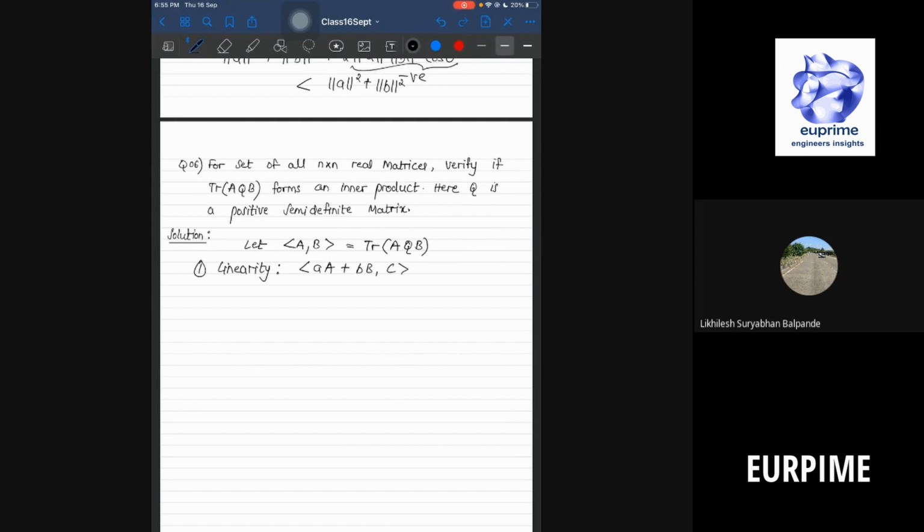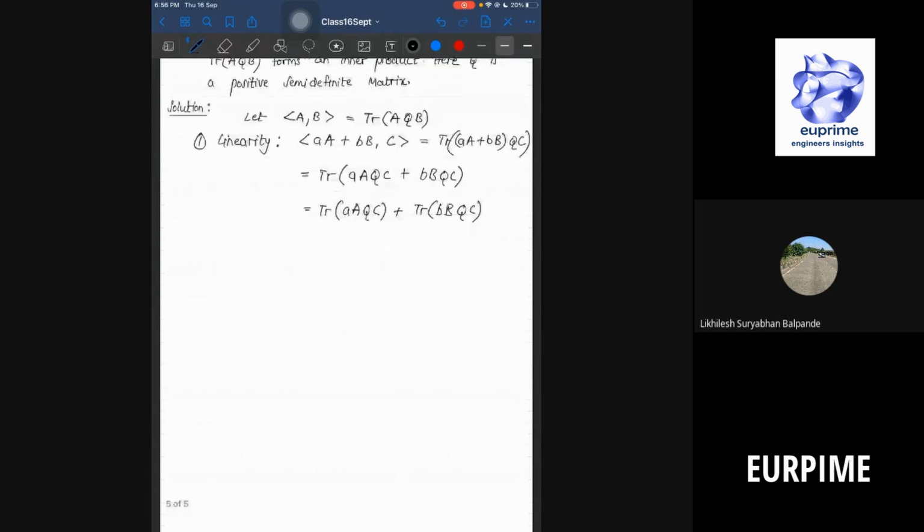inner product with C, we can write this as trace of alpha A plus beta B, Q C, which is equal to trace of alpha A Q C plus beta B Q C. We know that this can be written as trace of alpha A Q times C plus trace of beta B into QC.